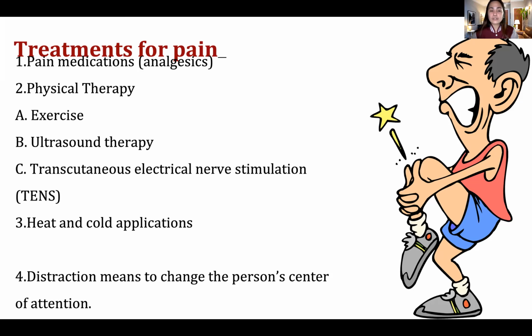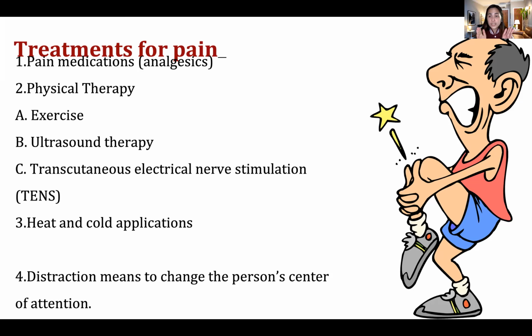If we're talking about heat and cold applications, usually heat or warmth has the effect of dilating the veins, to give more blood supply to the area. If we want to put cold applications, C for constrict.